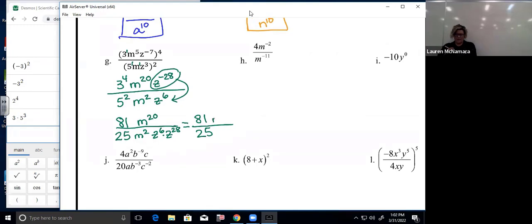So when I divide them out, I'm left with m to the 18th in the numerator. And then z to the 6th times z to the 28th is in the denominator. So I add those exponents together because they're both positive, once I move that one down. So now I have z to the 34th.